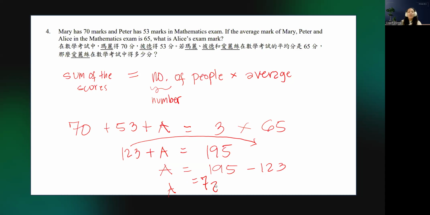Alice should have a score of 72 for them to have an average of 65.